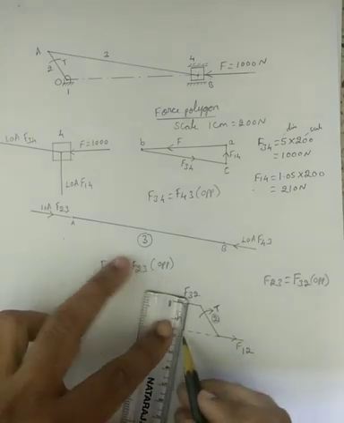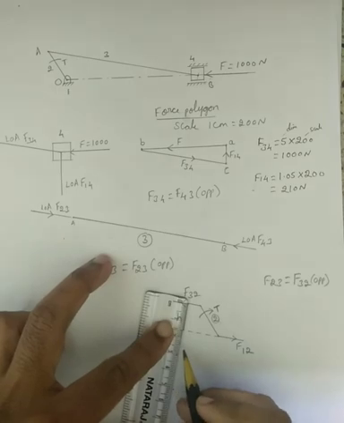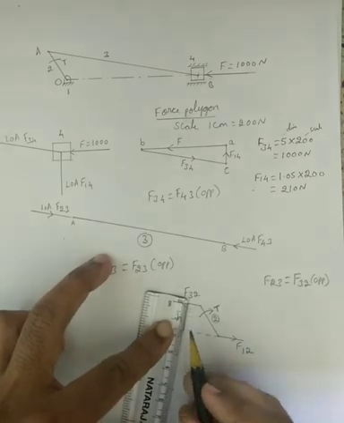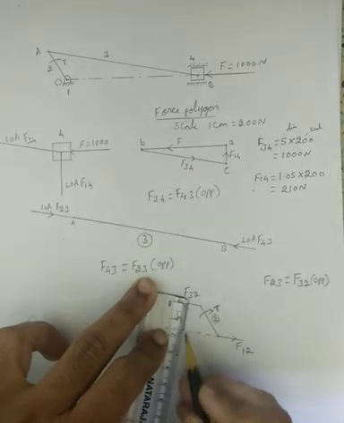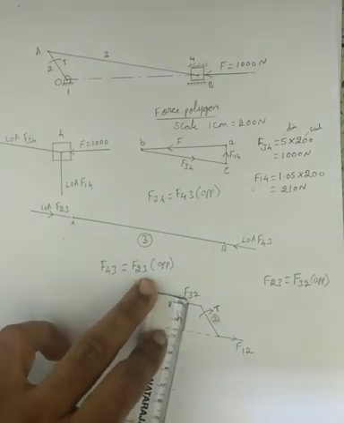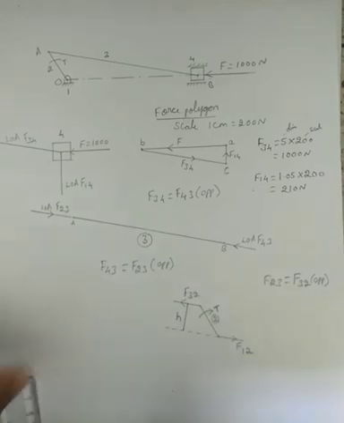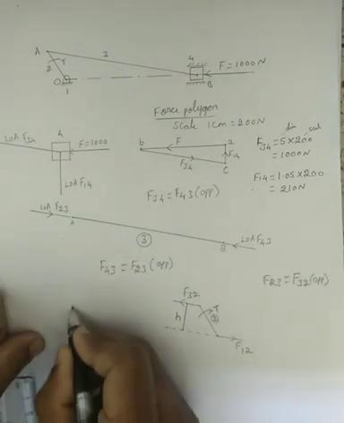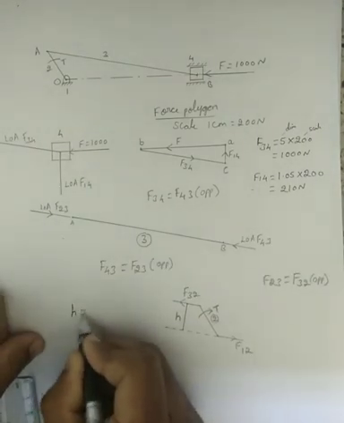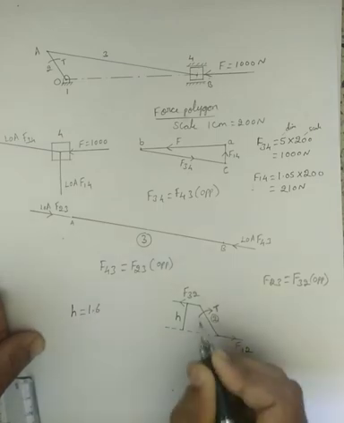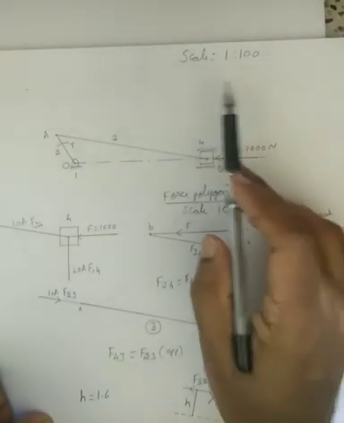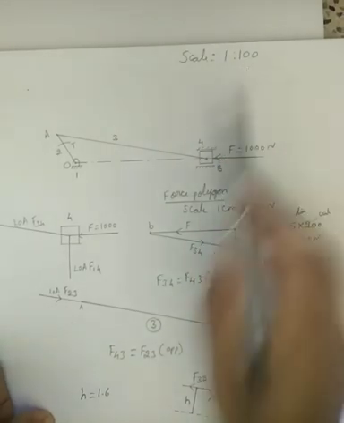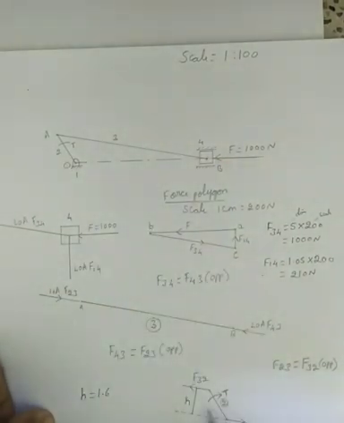It is 1.6. So 1.6 is the height here. So h is 1.6 with respect to the scale. What is the scale? We have drawn a 1:100 scale, so here also it will be the same.